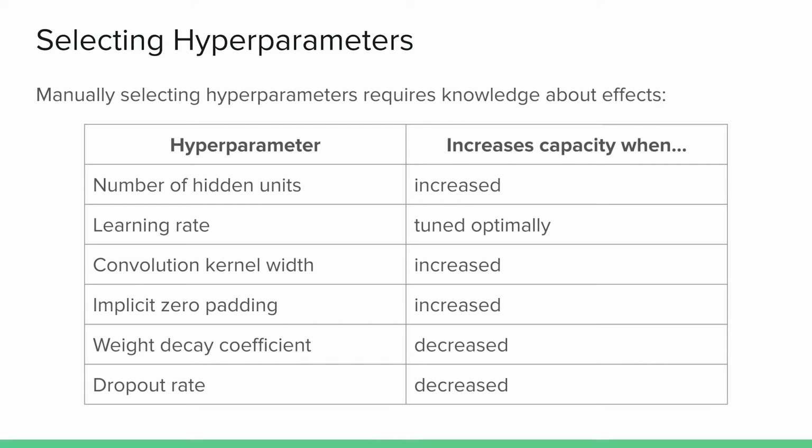The convolutional kernel, if you use convolutional neural networks, is also affecting our capacity, and if we have a larger kernel, we increase the capacity. Why? Because the network is able to see more as an input. But it has a caveat, because if you have a bigger input kernel, like a 5 by 5 or 7 by 7, you actually hurt performance, because it's much more computationally demanding to have these large filters.